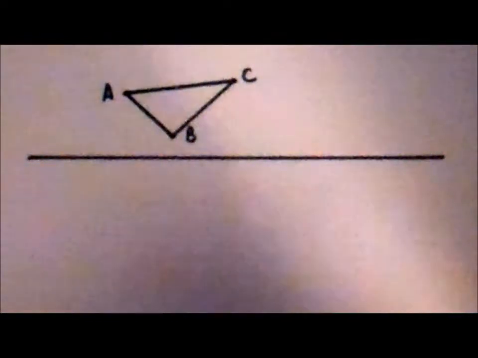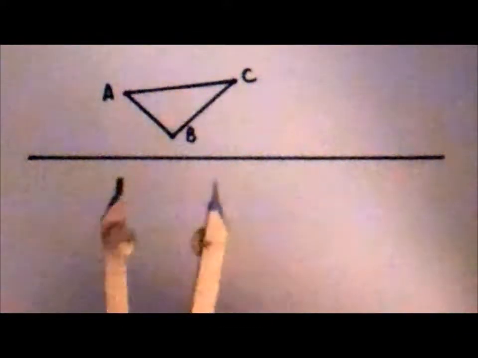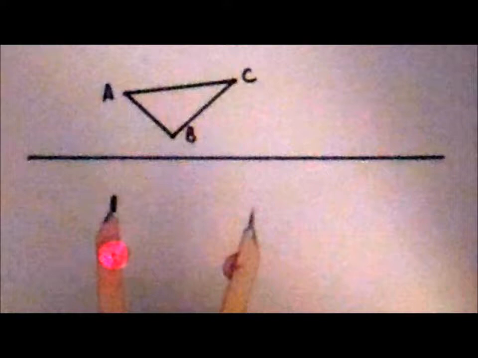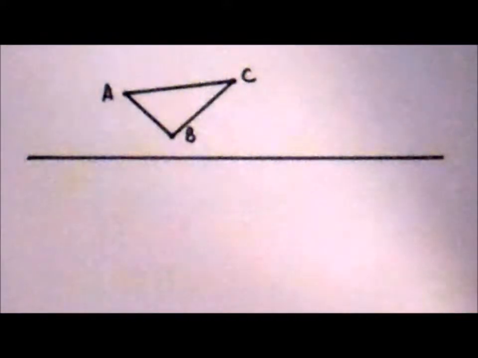So go ahead and take your compass, and pick a radius on your compass just as long as it's bigger than the distance from A to the line of reflection.